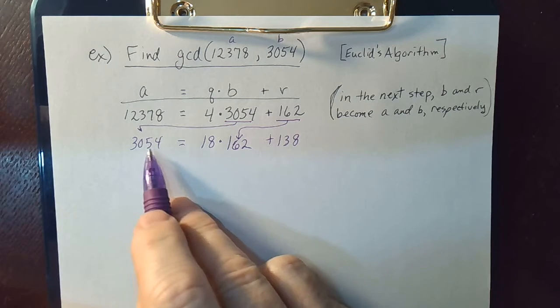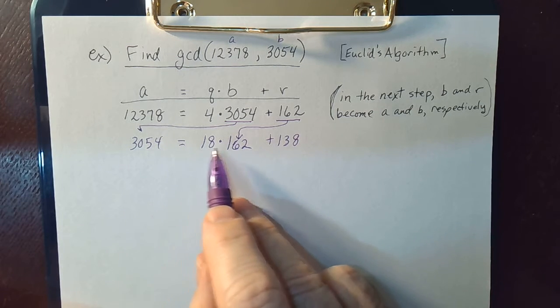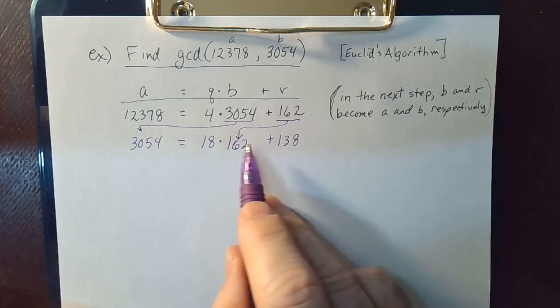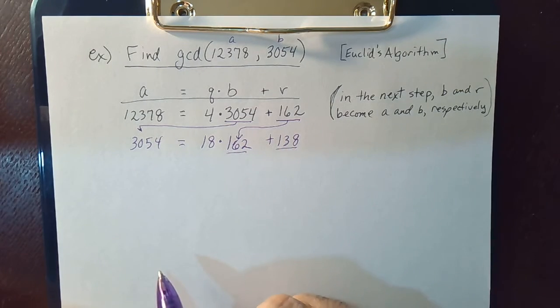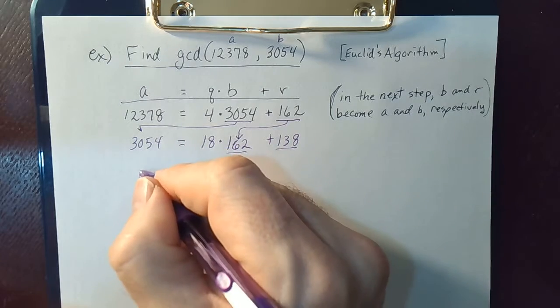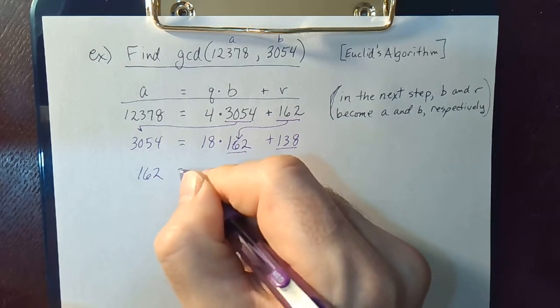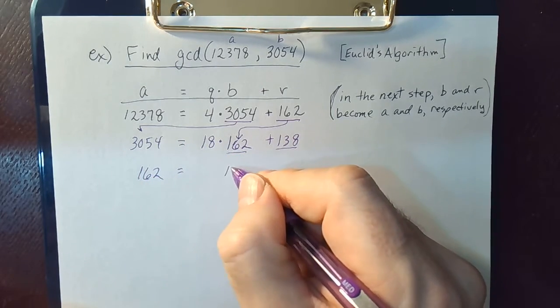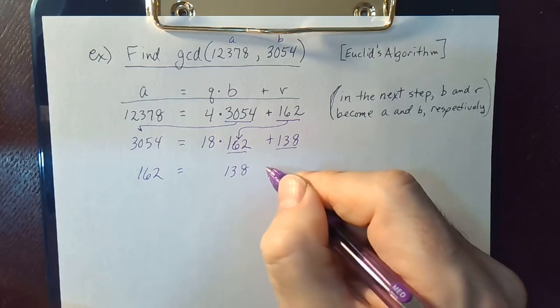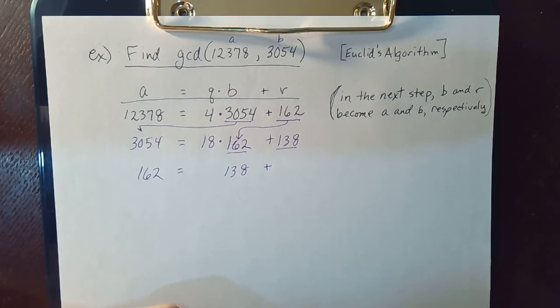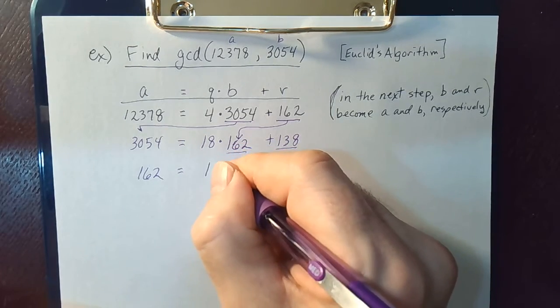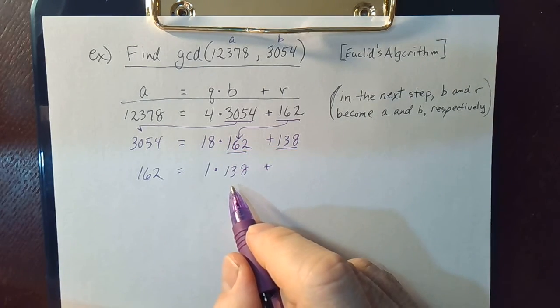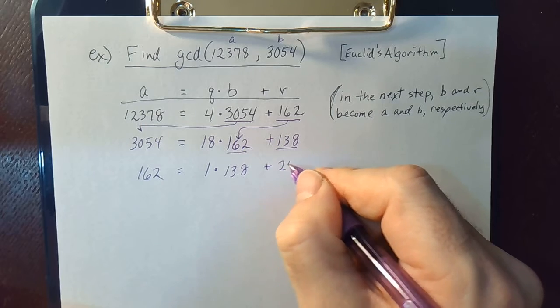This is my new A equals QB plus R, but this B and this R are going to become my new A and B. So 162 is equal to something times 138 plus a remainder. That one looks pretty simple. 162 is going to be 1 times 138 plus 24.